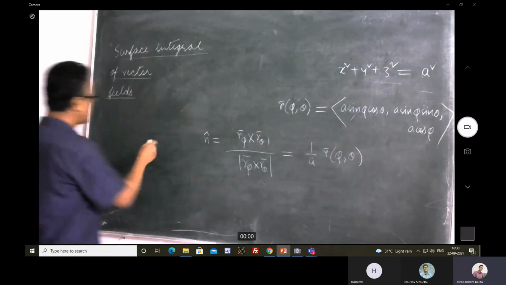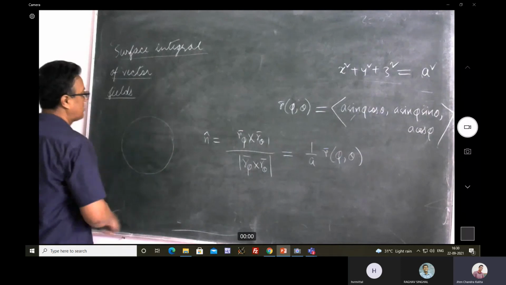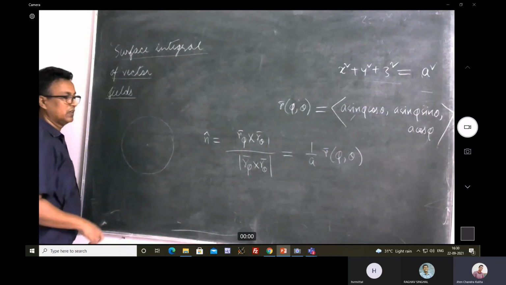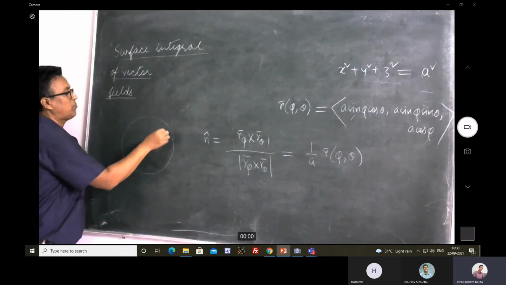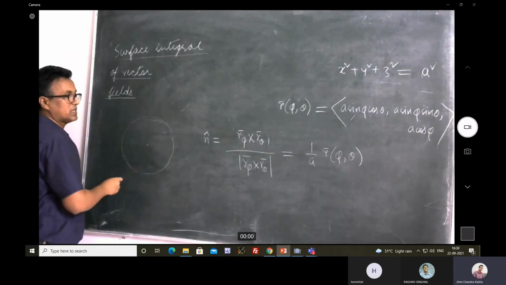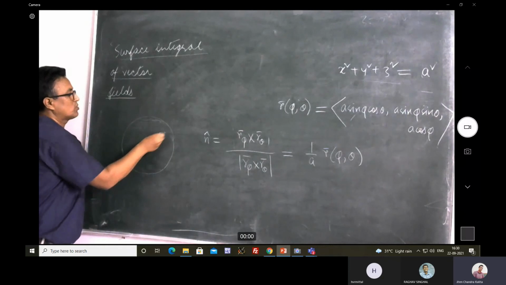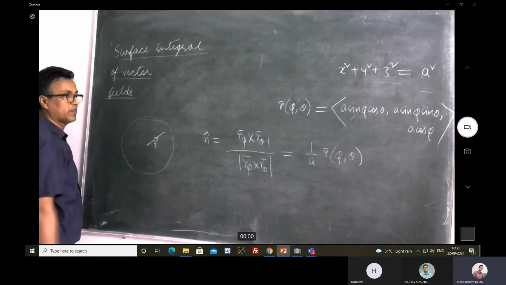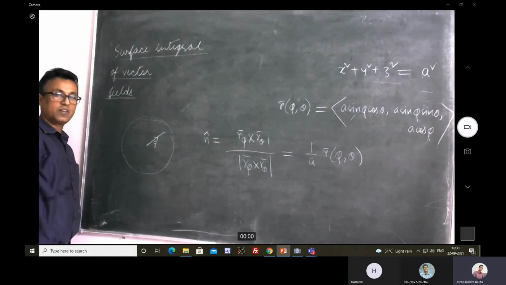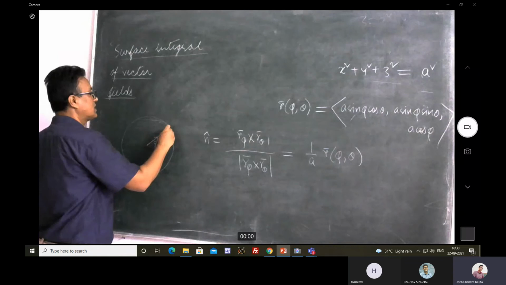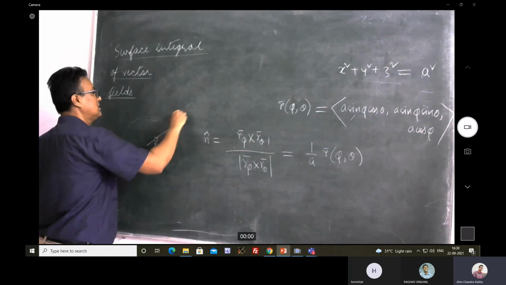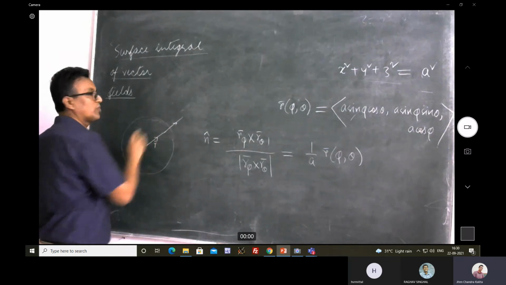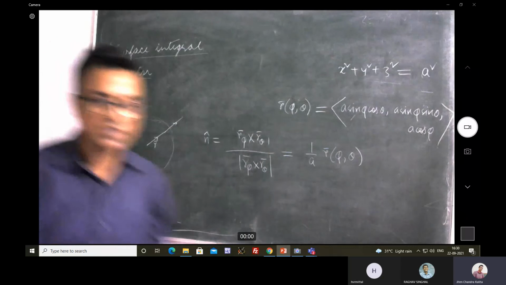So what is happening out here? Suppose we are considering the sphere. You take any point on the surface of the sphere and join it to the center. This is your radius vector. Then you will see that it is in the direction of the normal.